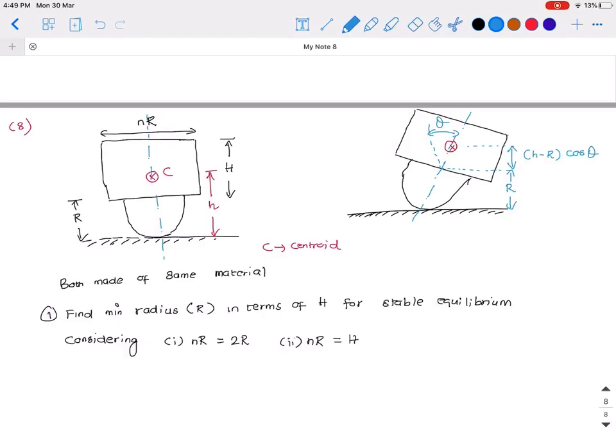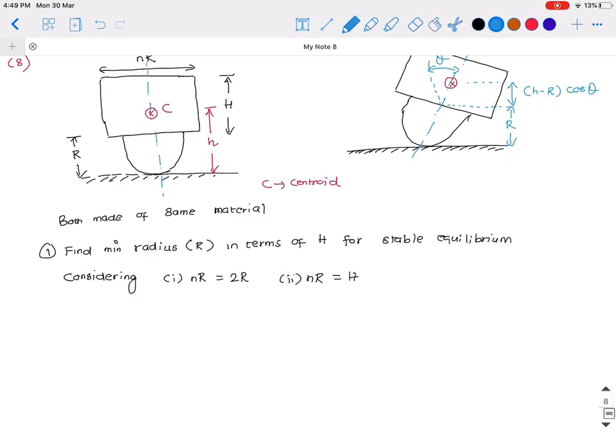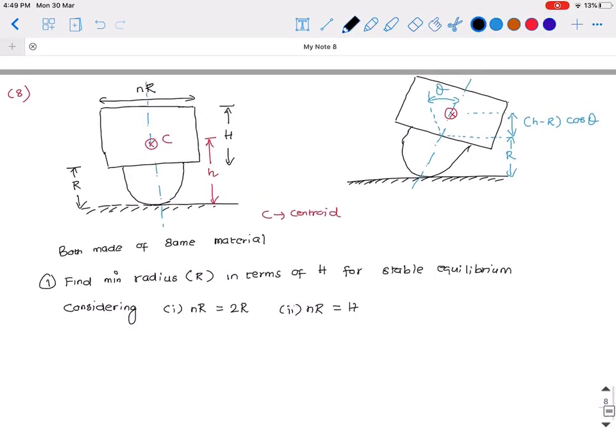Okay, so now the potential energy for this configuration, potential energy V is mass of the entire system, mg, times r plus h minus r cosine theta. Okay, because the centroid is located at a distance of r plus h minus r cosine theta from the reference point here, from the ground.